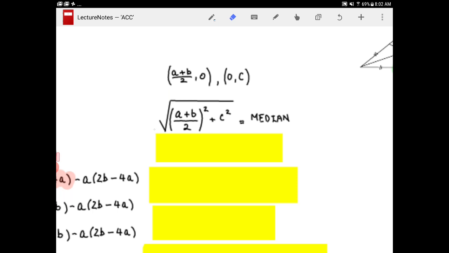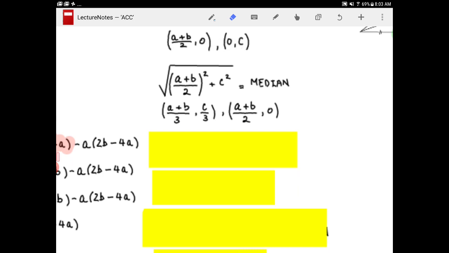And because I want to show that the centroid is 1/3 away from the base, what I will need to do is to verify the distance between the base and the centroid. So these are the 2 points that I will need to verify whether or not it is indeed 1/3 of the overall median. So I will need to now apply the distance formula between these 2 points.